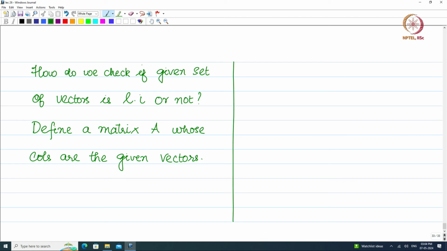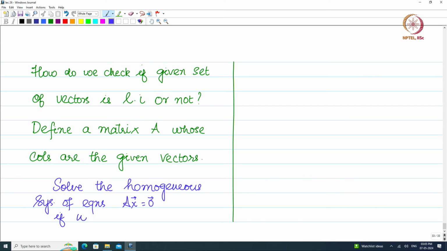Now we want to find out whether the vectors are linearly independent or not. So now solve the homogeneous system of equations Ax is equal to 0.